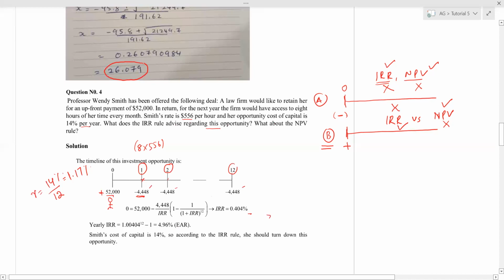Using the financial calculator, at the IRR your NPV should be equal to 0, and this is your cash inflow. Previously it used to be negative, but in this situation it is positive, and the other part, which in normal cases used to be positive, is now negative. Since the payments are equal, we are applying the formula of present value of annuity.